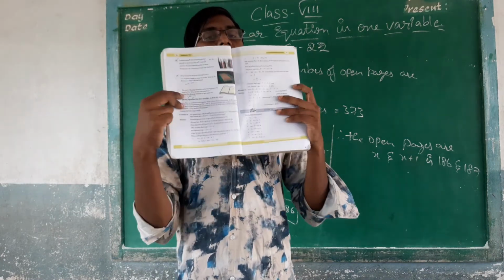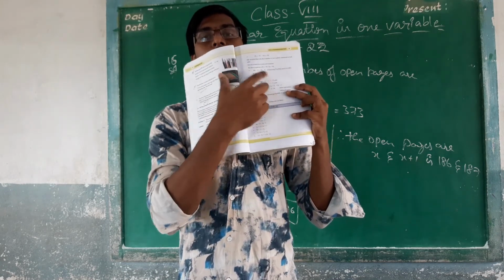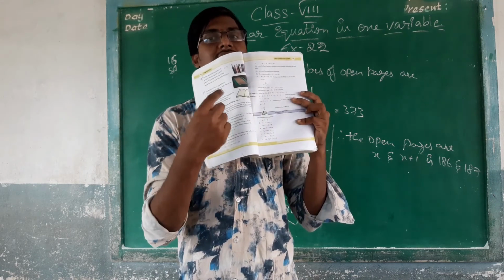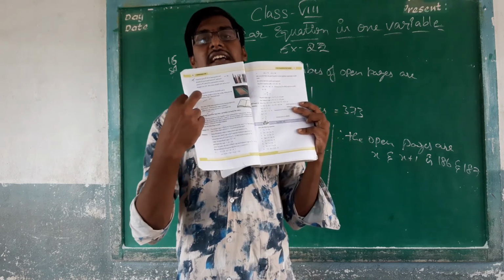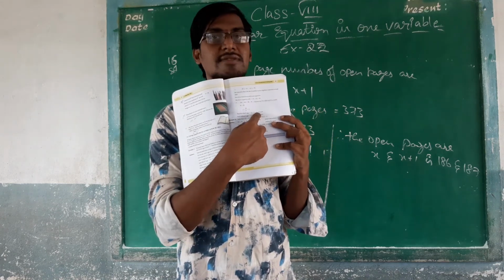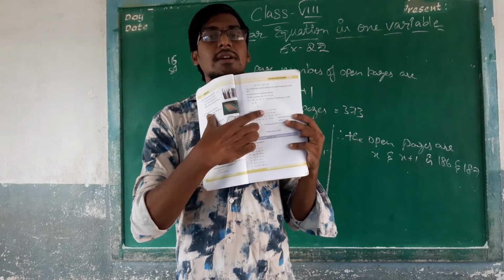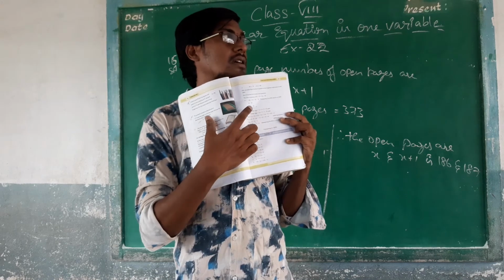In this book, the sum of these two page numbers is 373. We don't know the actual page numbers, so a hint is given. Let us take this page number as x and this page number as x plus 1. If we add both these numbers, the total sum is 373. So we have to find the x value.